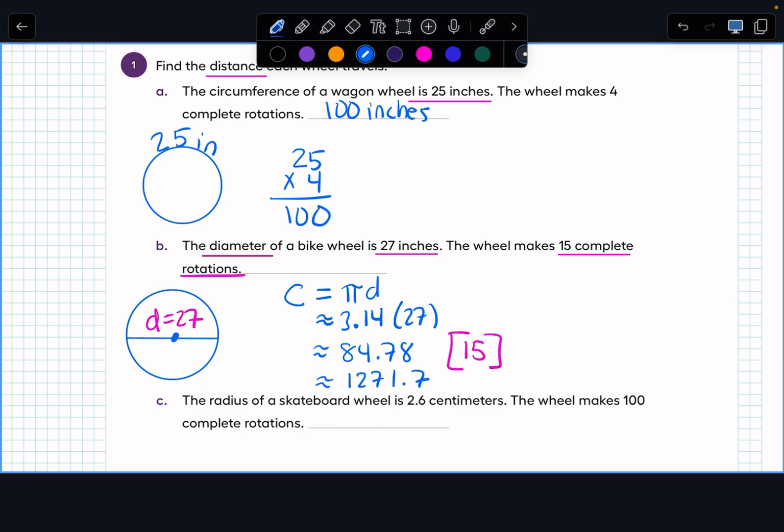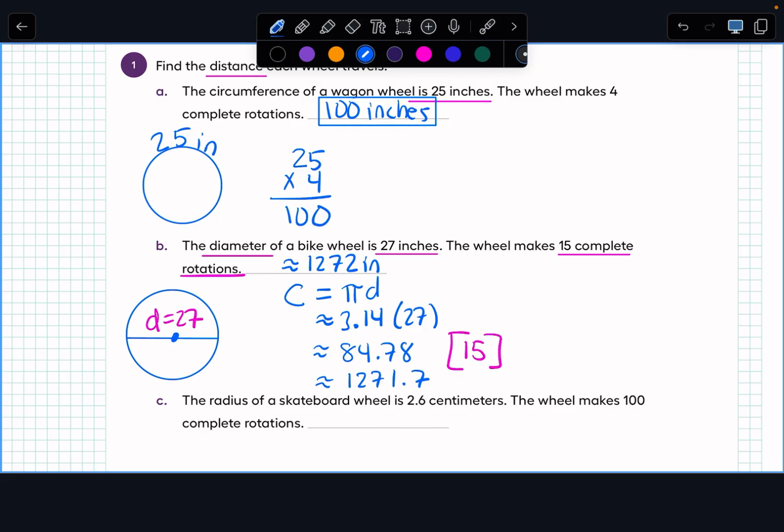At the very end, I like to round it to the nearest whole number. So 84.78 times 15, let's round this to approximately 1,272 inches.